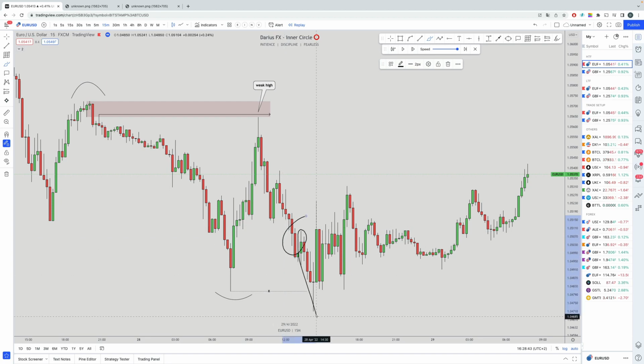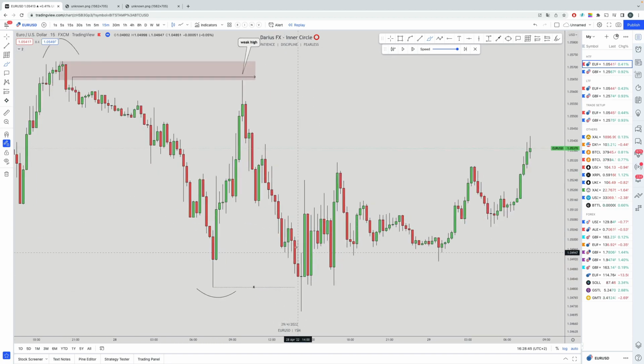Then if you follow internal structure, you will see, yes, here we got a BOS. After it grabbed liquidity, we can spot a BOS. That means price will then go to a demand zone, and this is this one, to follow afterwards bullish structure.